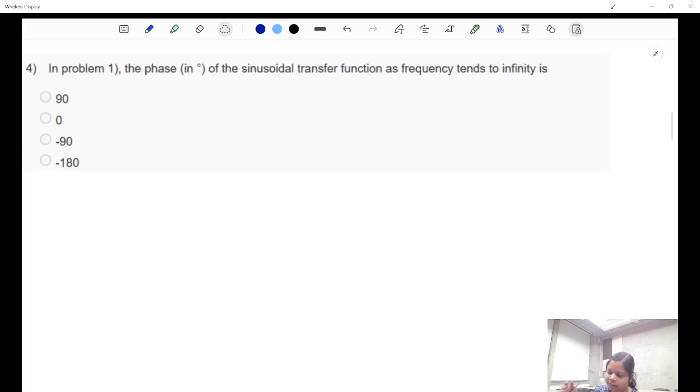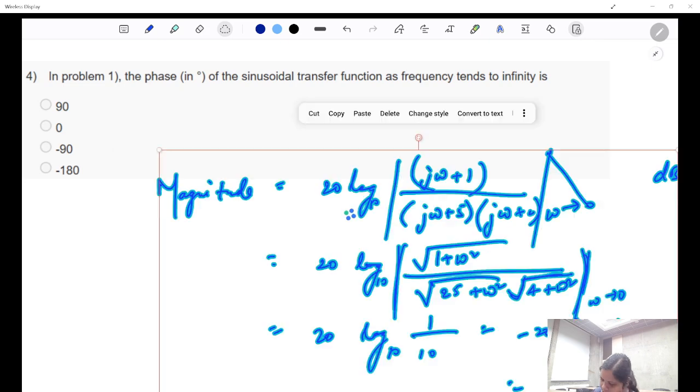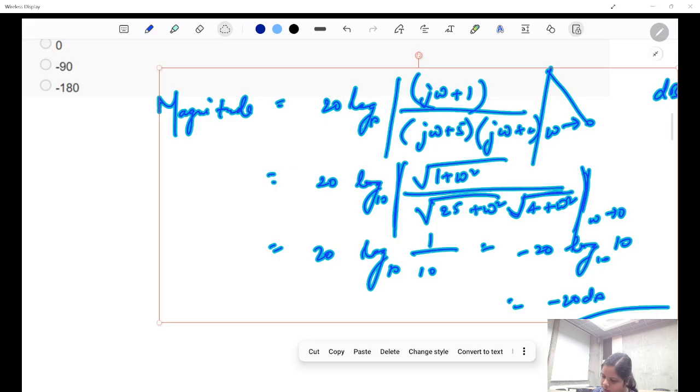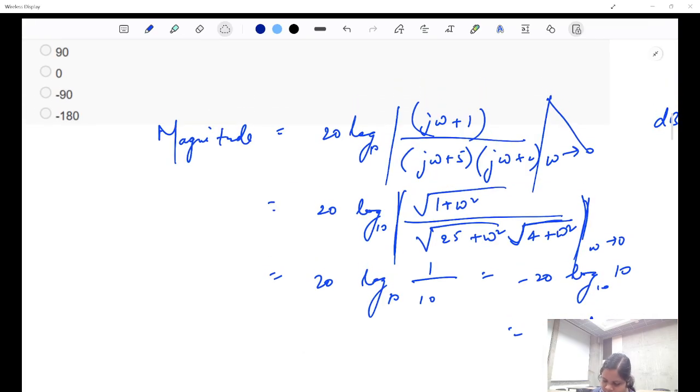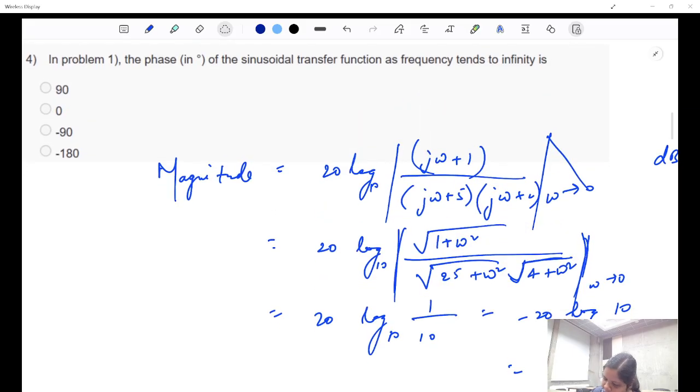So in the fourth question, in the same problem, the phase in degree of the sinusoidal transfer function as frequency tends to infinity is what? This was our transfer function, and it's asking about as the frequency tends to infinity.